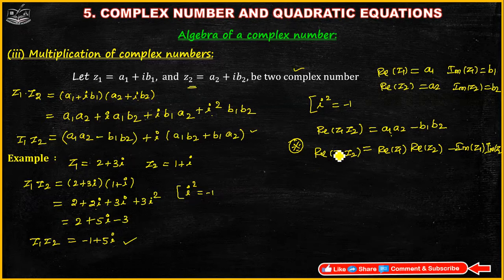In complex numbers, this is often asked for 1 mark. So when multiplying two complex numbers, the real part of z1 z2 is real part of z1 real part of z2 minus imaginary part of z1 and imaginary part of z2.